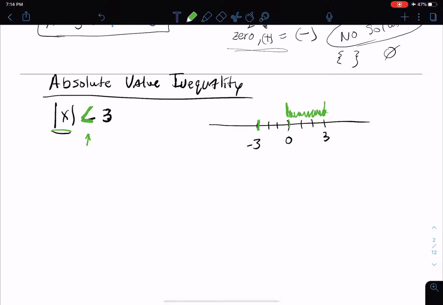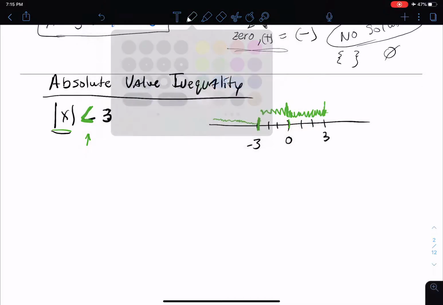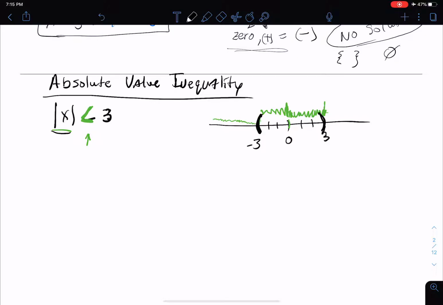If I go from here to here, that's exactly 3 units away. If I continue out here, that's more than 3 units, so it's greater. Less than is all this stuff in here, and we've got to stop there. So the language does make sense with the picture. And so my answer to this would be this guy right here. Since it's not equal to it, you can't have it closed.